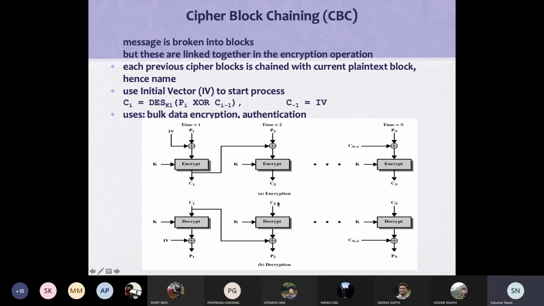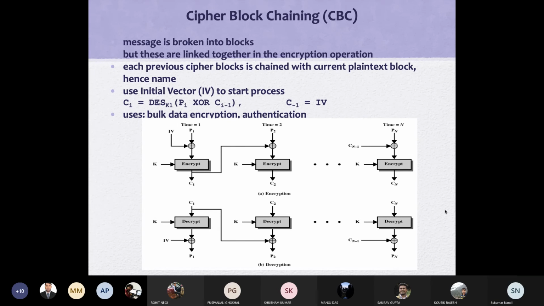If I have to get back the plaintext P2, I take the ciphertext C2, decrypt it with the same key, and whatever I get, I join with the previous ciphertext, the earlier ciphertext, and I will get P2, and so on. I will get the series, and finally I will get the plaintext back.